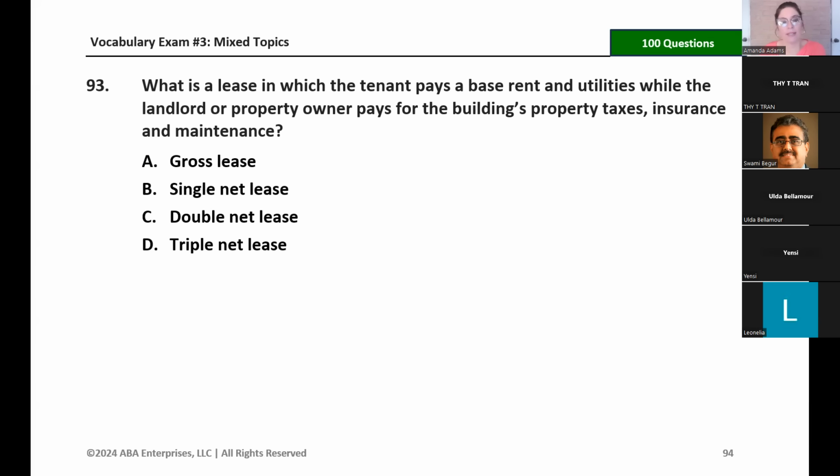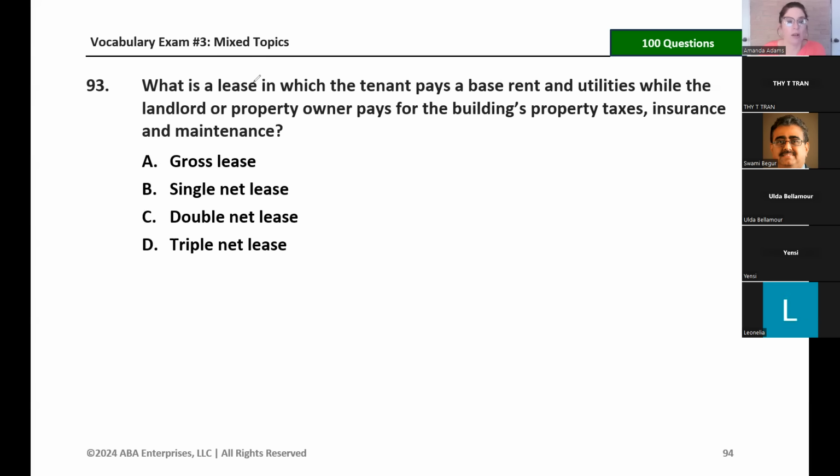93, what is a lease in which the tenant pays a base rent and utilities while the landlord or property owner pays for the building's property taxes, insurance, and maintenance? Okay, read it carefully, you guys.